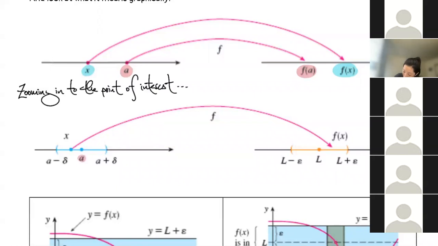So we still have our A, and when we find our limit, we end up with L. Okay, so A and L are kind of like A and F of A. But it turns out that if I want to guarantee that I'm within a certain proximity to L, remember we said epsilon is a very small number.